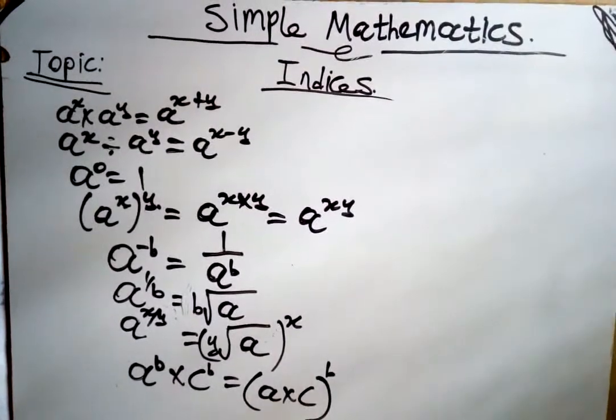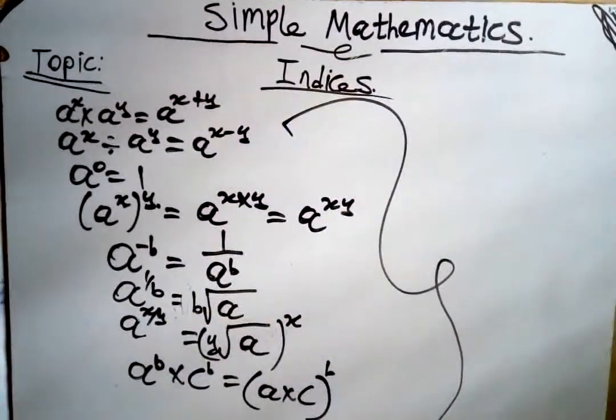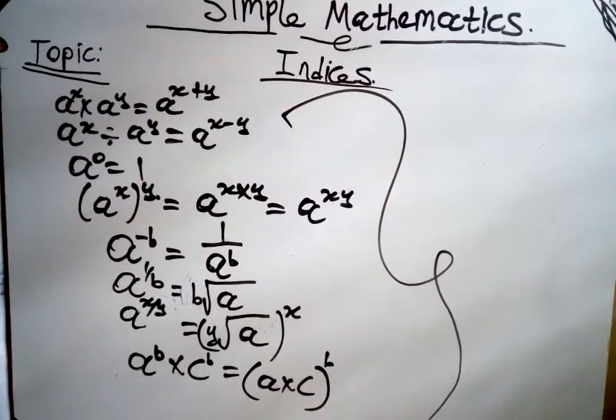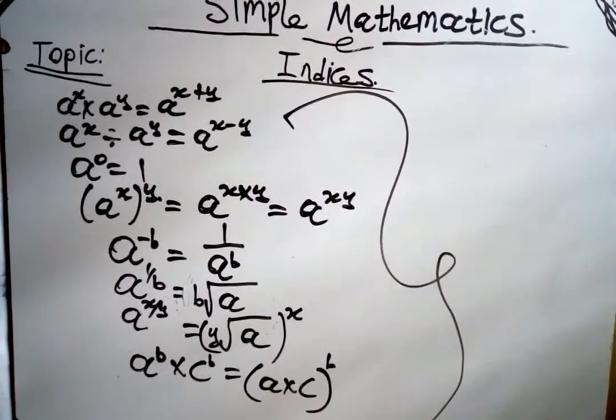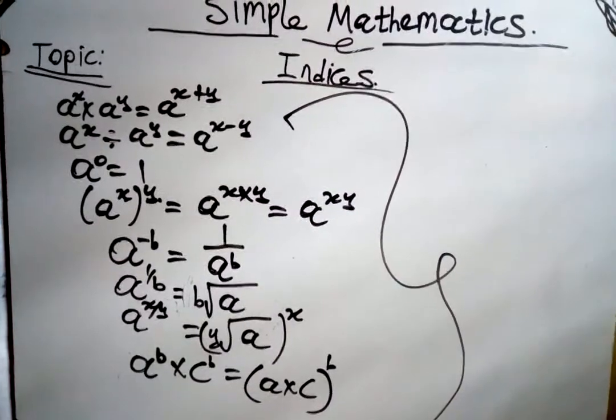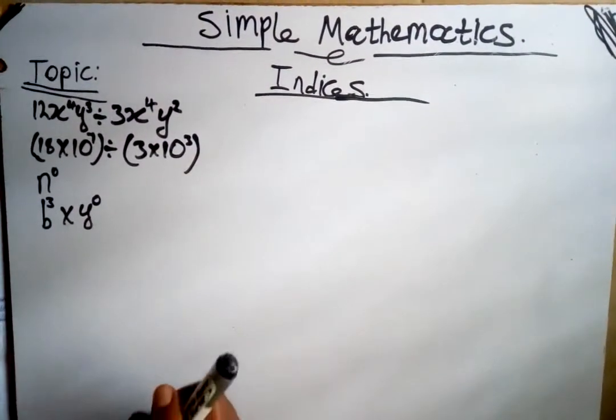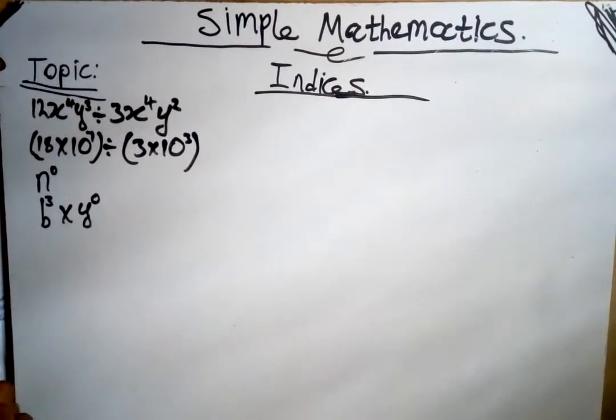So these are the few laws of indices I'm going to be laying out for you. But I think with this we'll be able to solve some simple questions in indices. These are some simple questions we're going to solve now.